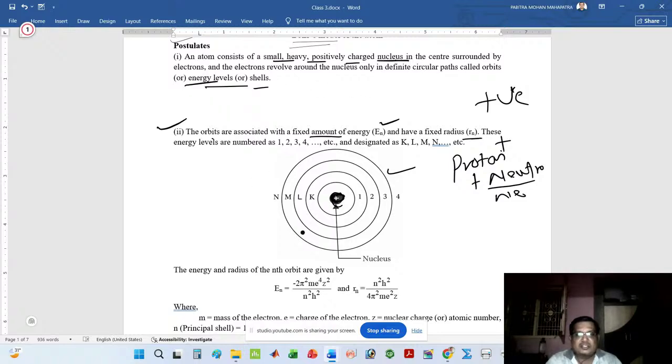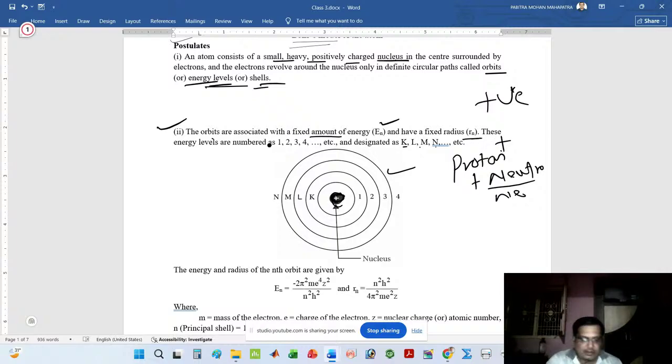The path in which the electrons revolve around the nucleus is called an energy level or shell, or orbit. The orbits were previously numbered as K, L, M, N, O like this.